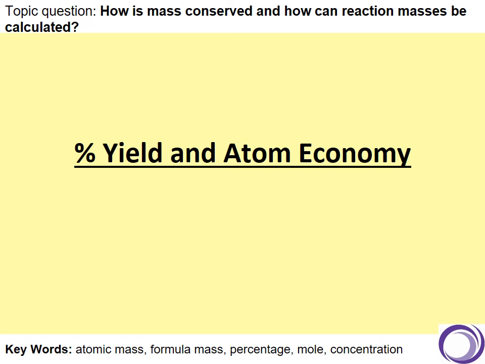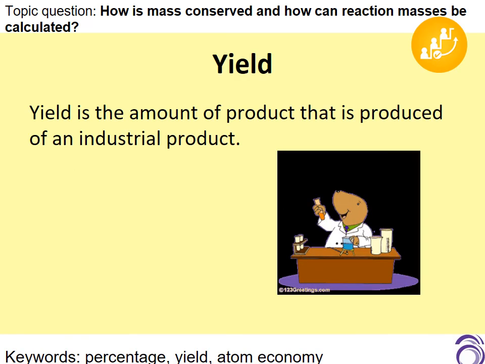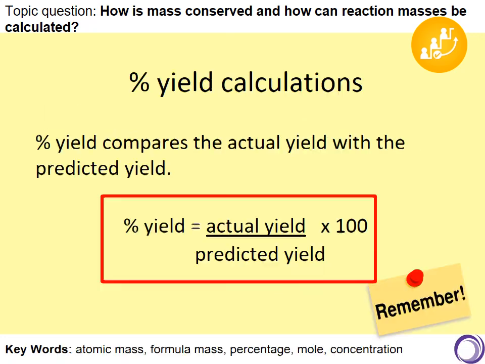Yield and atom economy. The yield is the amount of product that is produced in an industrial reaction. The higher the yield, the more profitable the process. We often express yield as a percentage, and the percentage yield compares the actual yield we get with the yield that we would have predicted from our equations.